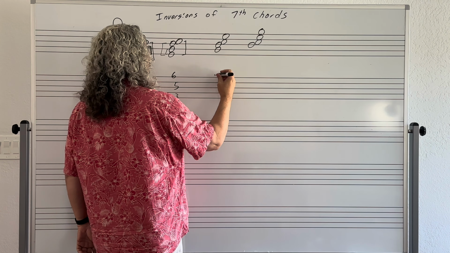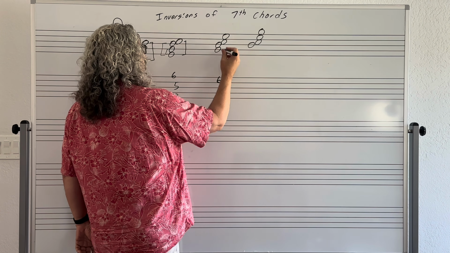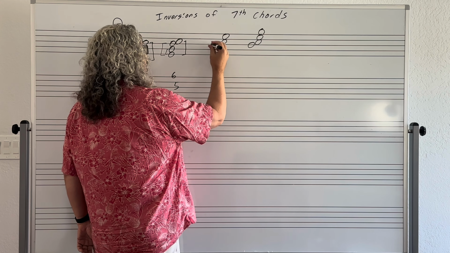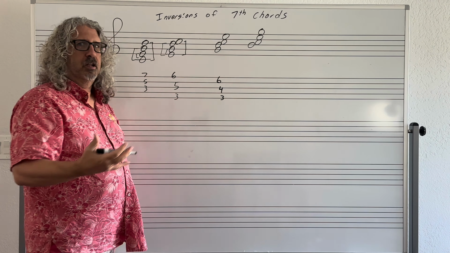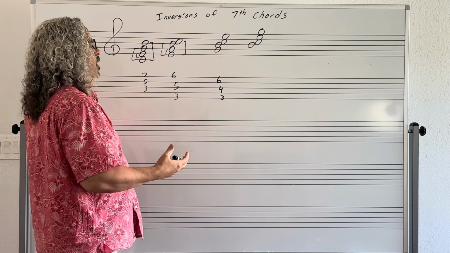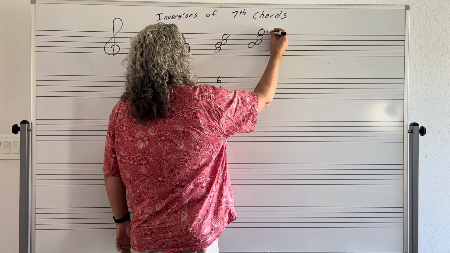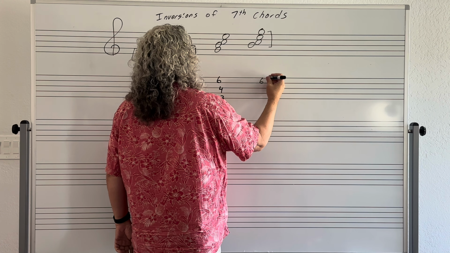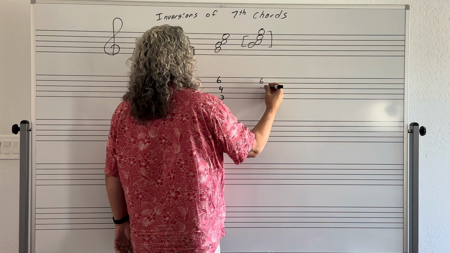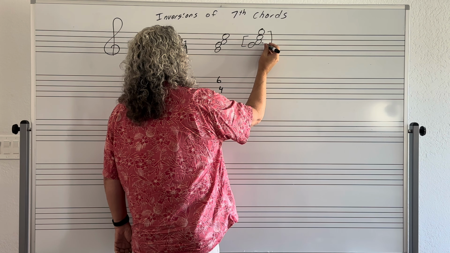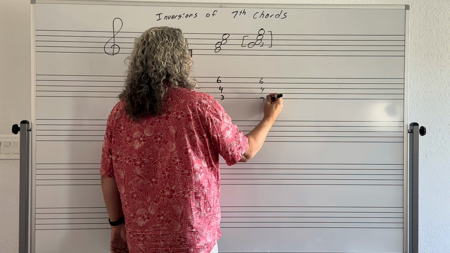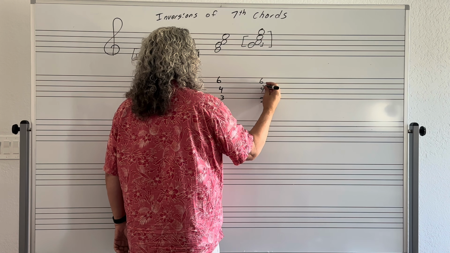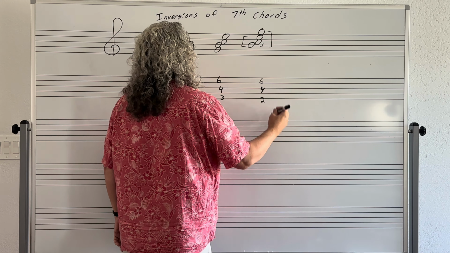That's going to be a 6, a 4, and a 3 when I take a look at all the intervals. And the very last one, with the seventh in the bass, is going to be a 6, a 4th, and a second. So a 6, 4, 2, and that's how we get all of our intervals.